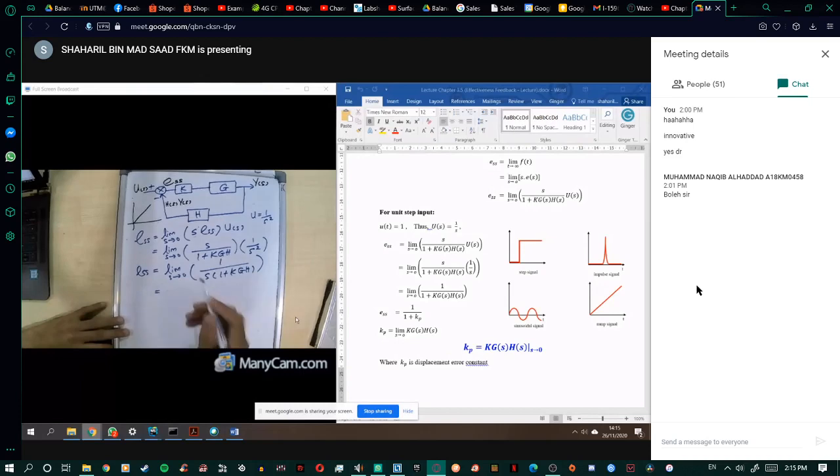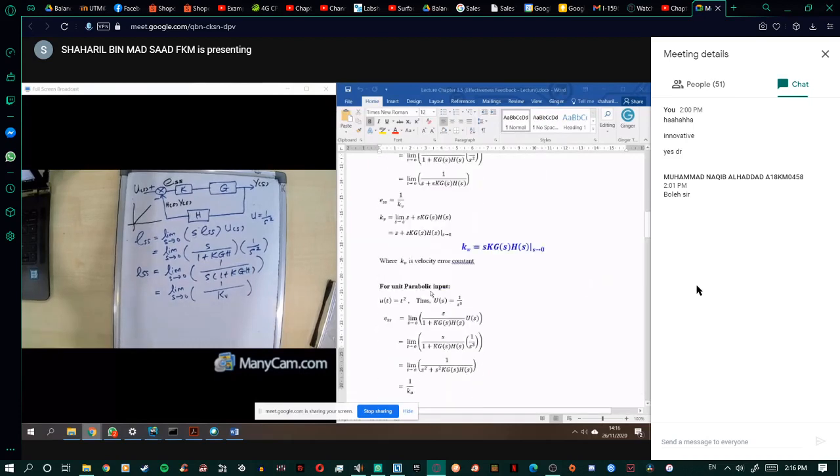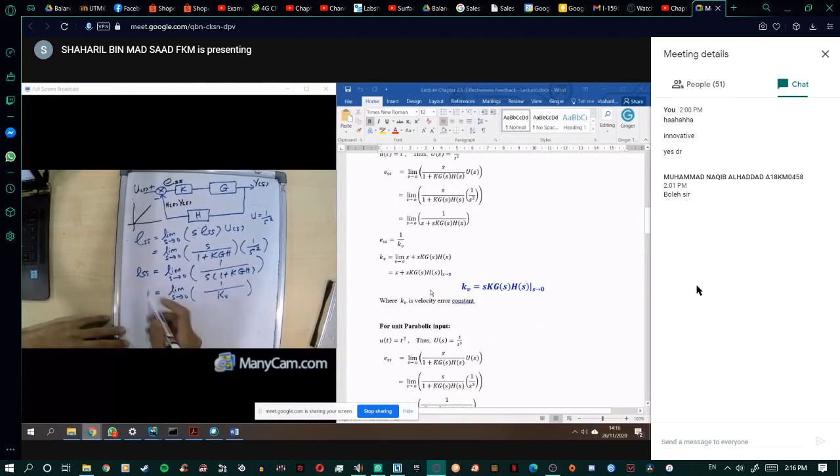Let's take another parameter and name it Kv. Then the steady state error is equal to 1 over Kv, where Kv is equal to the limit s going to 0 of s plus s KGH.